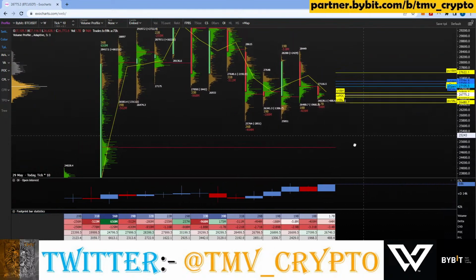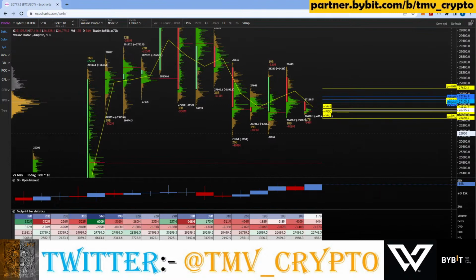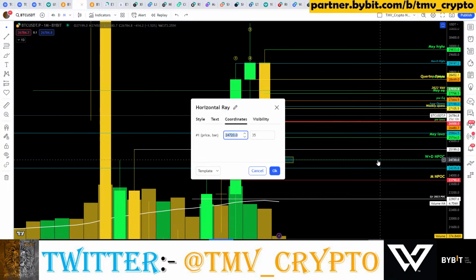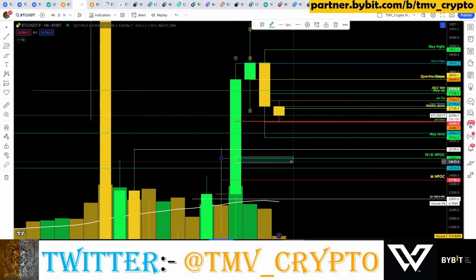I'm just going to change it. Fine, so nothing much to add on this chart. I just need to confirm this naked POC. I'm just going to slightly move this to 24,800, plus minus 30, 40 bucks.